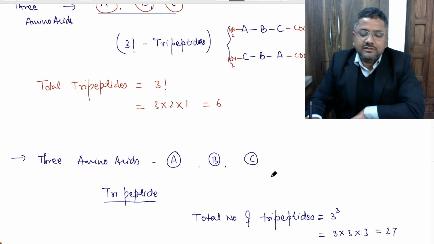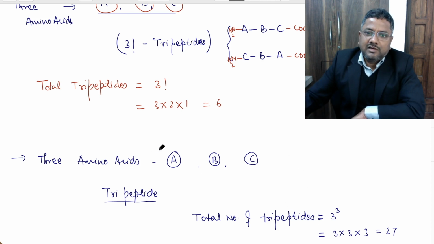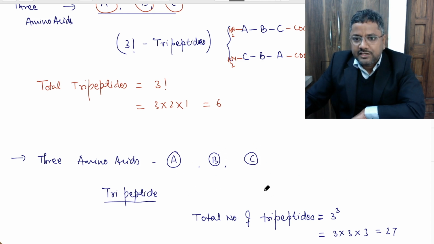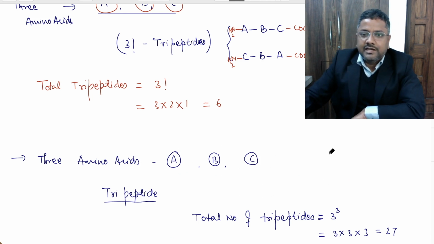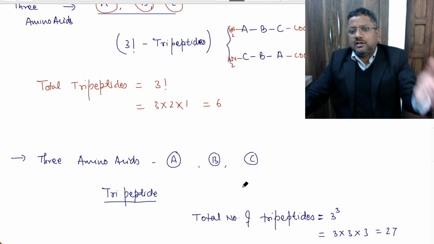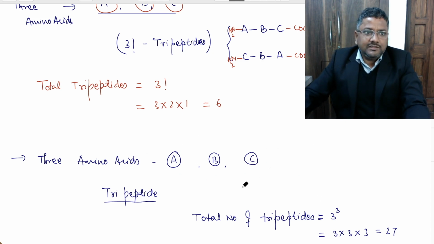So 27 different tripeptides can be prepared, right? You can take only A, only B, only C, then A and B, then B and C, A and C, and different sequences like this. So you will get a total of 27, correct?